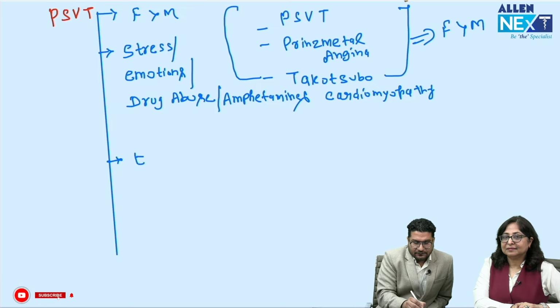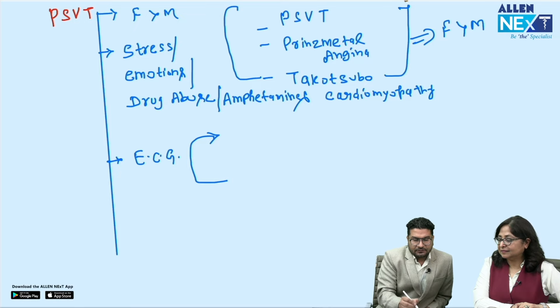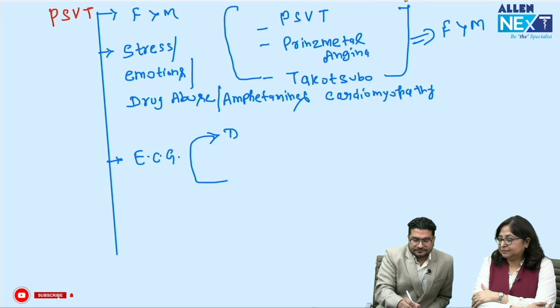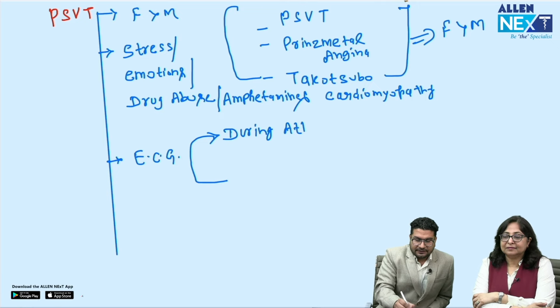So when you do the ECG, suppose today the patient is coming to you and he is having palpitation. So you suspect some arrhythmia, you are doing ECG. ECG during attack will be abnormal.